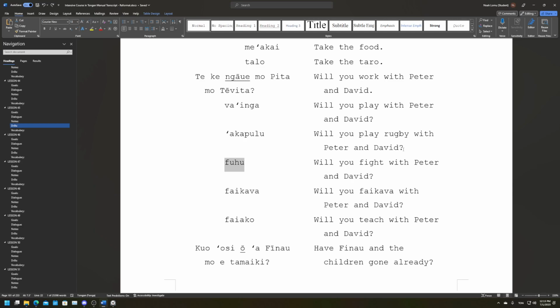But yeah, it is in the vocabulary of this chapter, at least in my version. Interesting. Yeah, but you'll see that it means fight. Oh, okay. Yeah. Te ke whakawa mo pita mo te vita. Te ke whaako mo pita mo te vita.